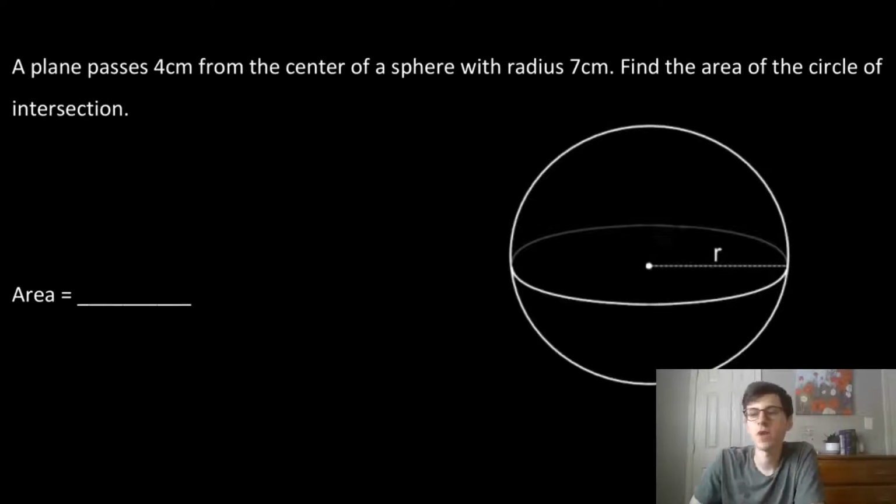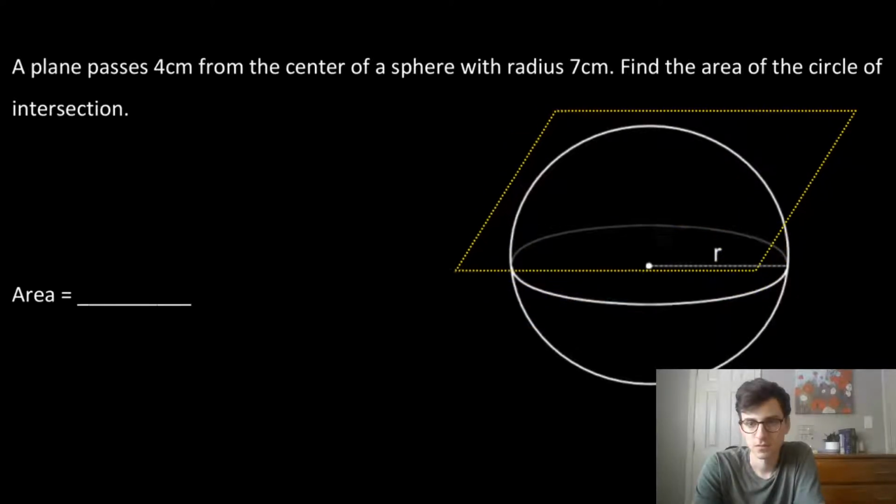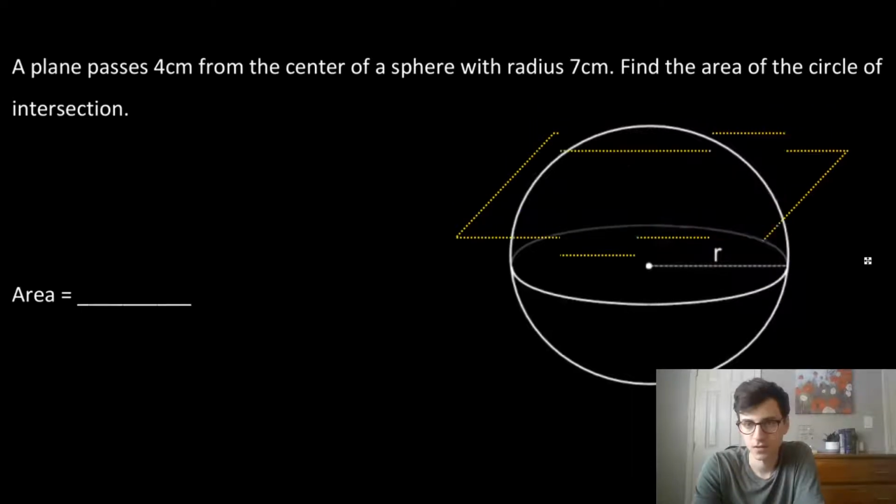So if we have a plane that goes through a sphere, it cuts out a circle. This isn't necessarily easy to draw, but I'm going to ask you to use your good old imagination with me. Imagine this is a plane.